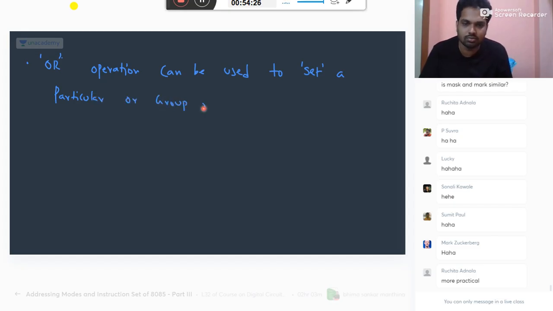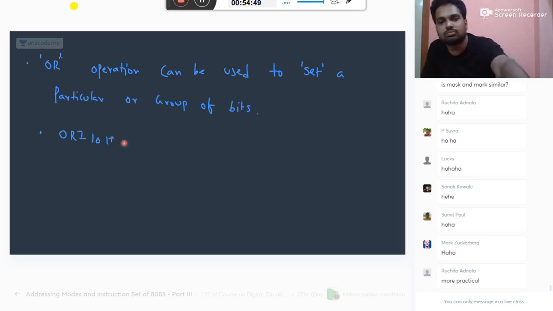Say the accumulator is having 65. Now when you OR 65 with 10, in the OR operation, if any one of them is 1, your output is 1. Now, you can make the lower nibble 1, the higher nibble 1, any group of bits or a single bit can be made equal to 1.